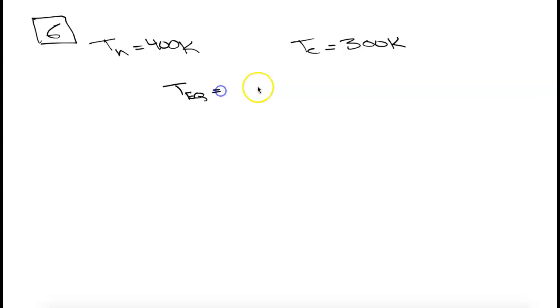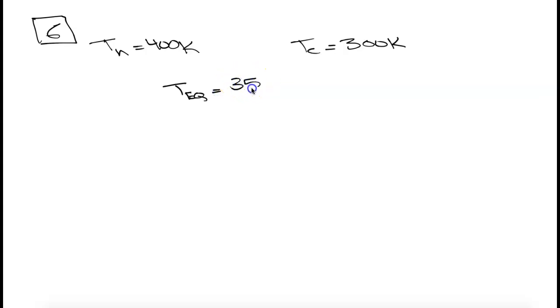So for this example, we have two temperatures: a hot temperature of the first piece of steel, which is 400 kelvins, and a cold temperature of steel, which is 300 kelvins. And we have a thermal equilibrium temperature.